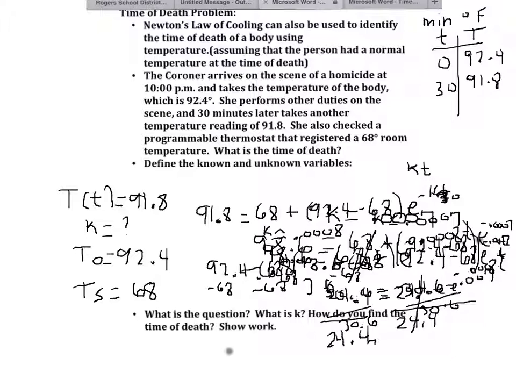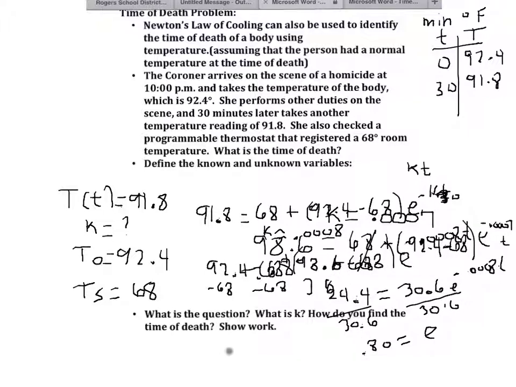And you get 0.80 is equal to e to the negative 0.0008 t. And then you have to take the natural log of both sides.